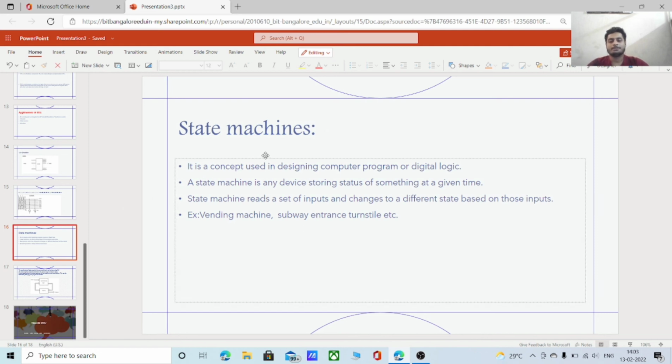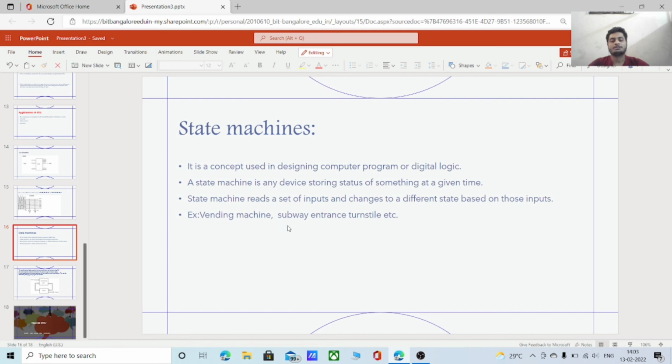The next application is state machines. The state machine concept is used in designing computer programs or digital logic. A state machine is any device storing the status of something at a given time. A state machine reads a set of inputs and changes to a different state based on those inputs.